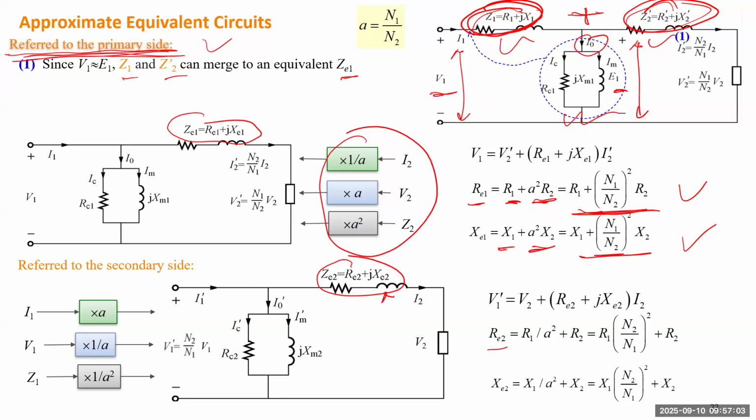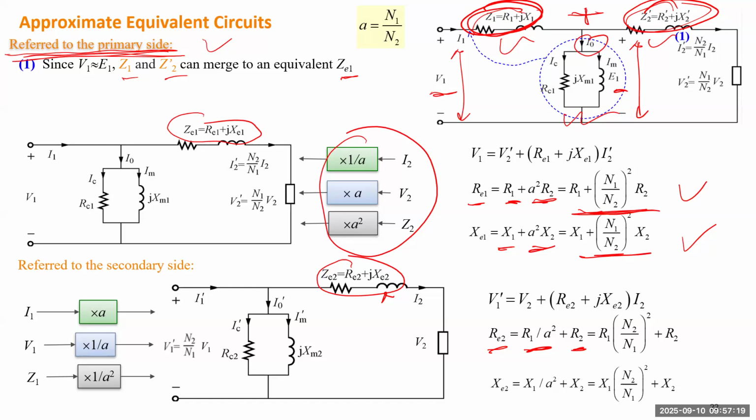So for instance, the secondary side resistance will be the original value, and the primary side resistance needs to be transformed by dividing this value by the ratio squared. Okay, so this is step number 1.